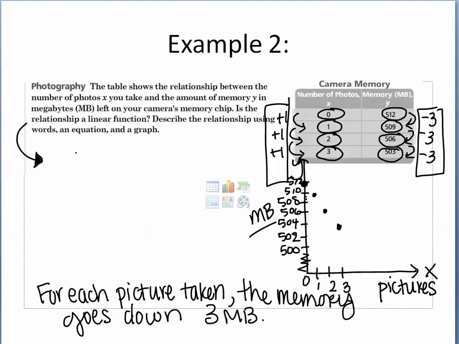So let's think, we started at 512 megabytes. Then we subtract 3 megabytes for every picture. So X is the number of pictures. If we multiply that times 3, it tells us how much we're subtracting, right? So if you have like 10 photos, then you'd be subtracting 30 megabytes. If you have 1 photo, then it would just be 3. So that is our equation.